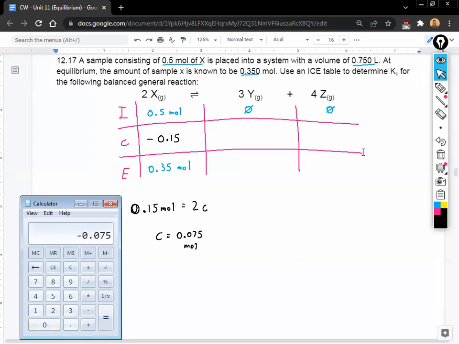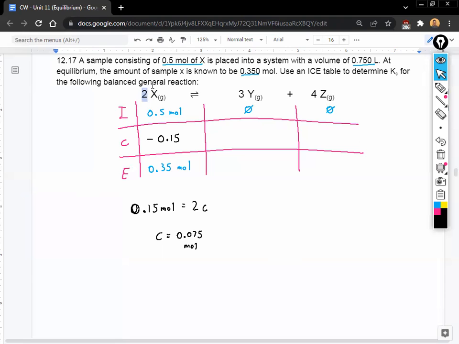Yeah, 0.075. So basically what this is telling us is that every time we lose 2 moles of X, we're going to gain 3 moles of Y and 4 moles of Z. Make sense, guys? Okay, what that means is as we lose the reactant, we are going to produce product, and we're going to get plus 3C and plus 4C.